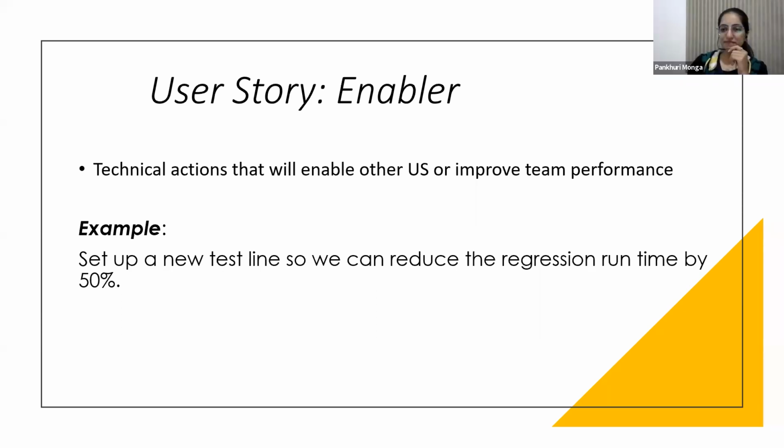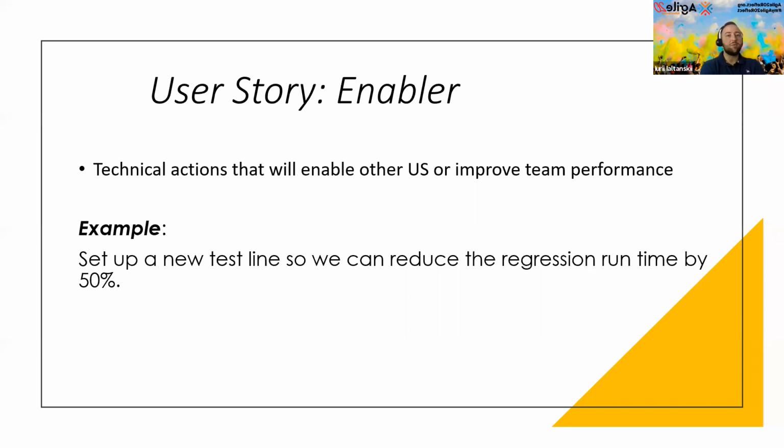Hi, Pankuriya. Hello. So is the enabler similar to a spike that we create? No, it isn't. We'll speak about spikes later, right? In this case, an enabler is all about the dependency. A spike is all about the investigation, so you need to perform an investigation, and that's where you say, okay, let's put a spike on our backlog.